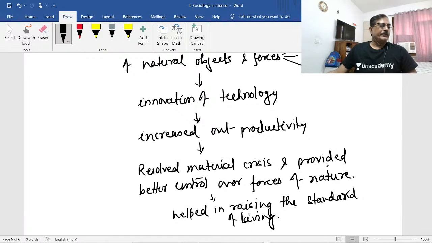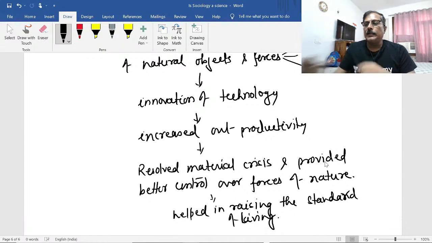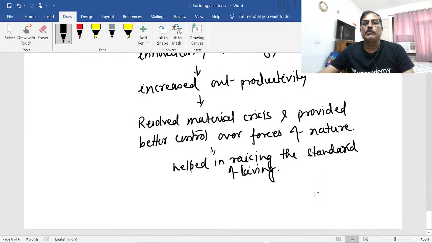Knowledge becomes relevant only when it has the capacity to alter our life and help achieve the desired goal, right? And in this discipline, this methodology was very successful.